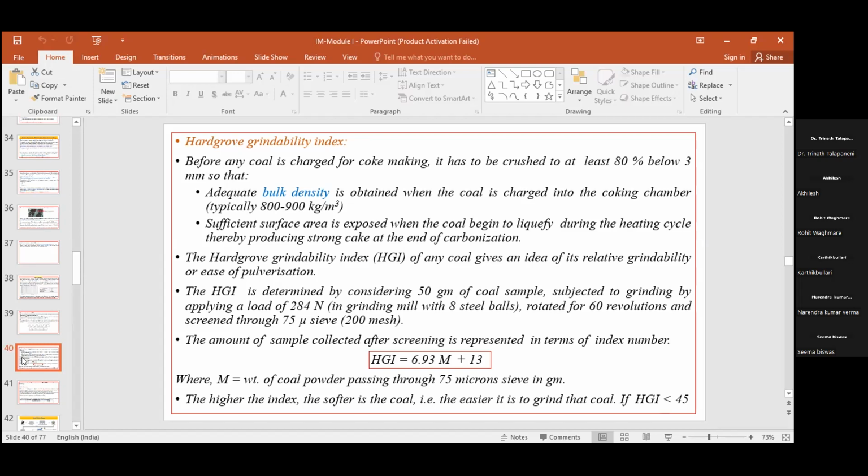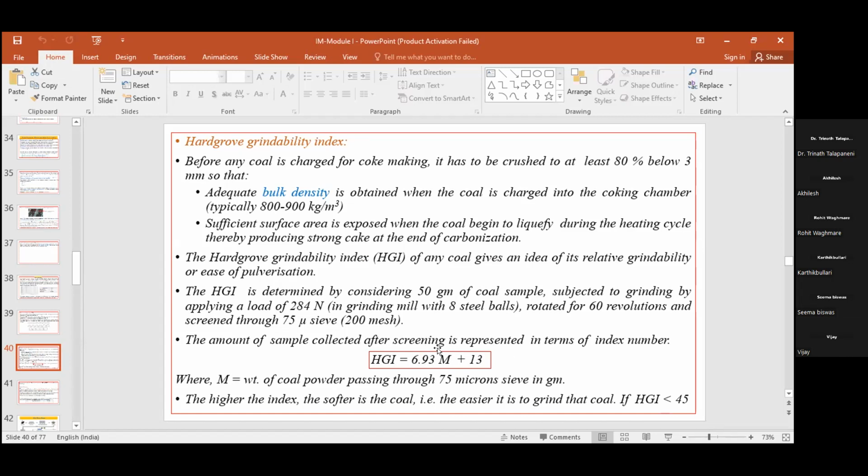So to find out the hard groove grindability index of any coal, we have this formula: HGI is equal to 6.93 m plus 13, where m is nothing but the weight of the coal which passed through this 75 micron sieve. So the higher this value, the softer is the coal.